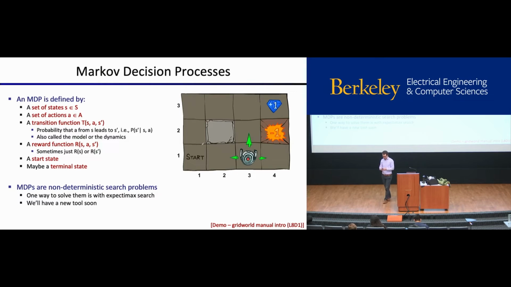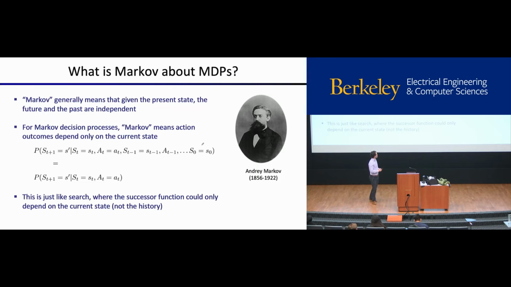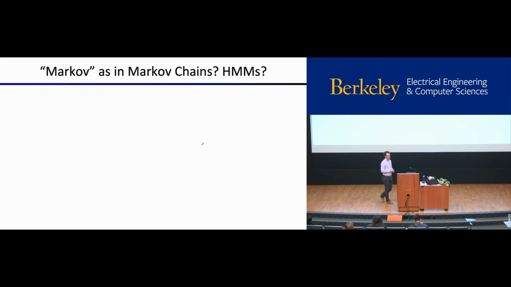Okay, Markov decision processes. You guys maybe remember this Markov person. We did Markov stuff before. He hasn't aged well. But Markov means that at the current present state, the future does not depend on anything in the past of my current state. So the current state is a sufficient statistic for predicting the future. This is the same Markov as in Markov chains, as in hidden Markov models, right?